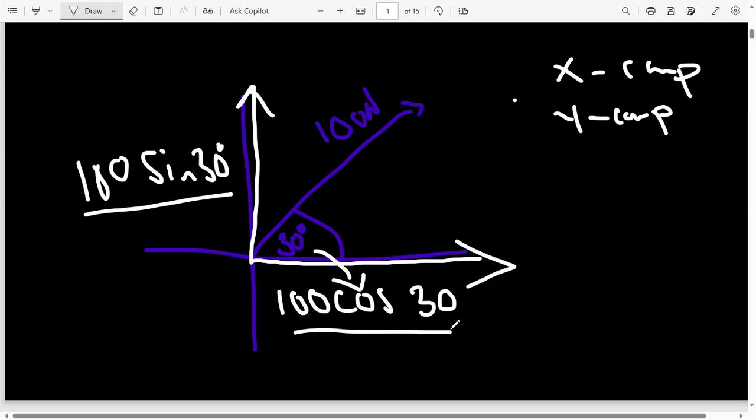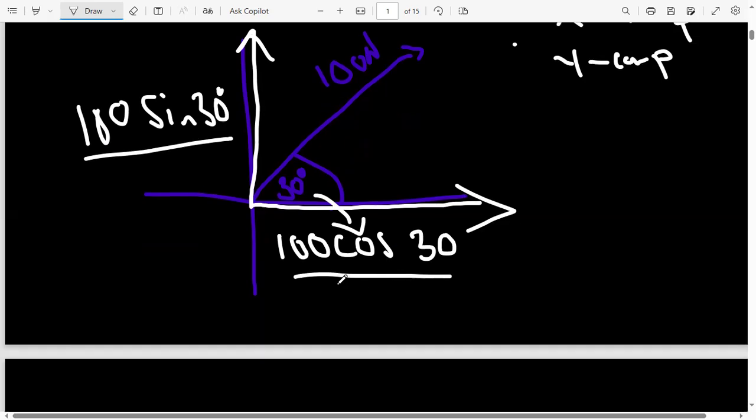So whatever we are going to do, we'll have to resolve the vectors given into their y and x components. If you have any questions on what I've explained, you are free to ask. This x component is usually represented by Rx, and this one here is usually represented by Ry.